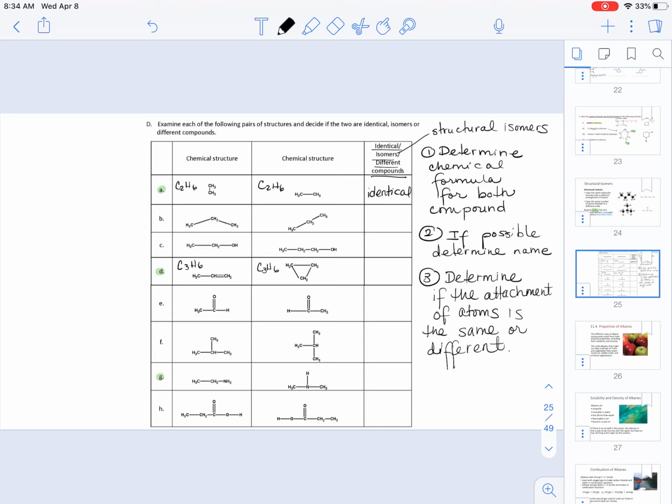Then here, so far, you guys can only name the second compound, which is cyclopropane. The first compound, we're going to be dealing with it in the next video. So now, the first molecule, as you can see, is going to have a different attachment of atoms. So that means that the relationship between the molecule on the left and the molecule on the right is going to be structural isomers.